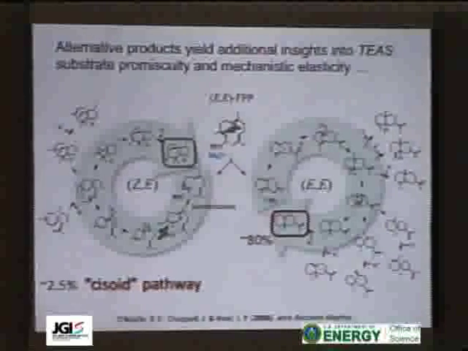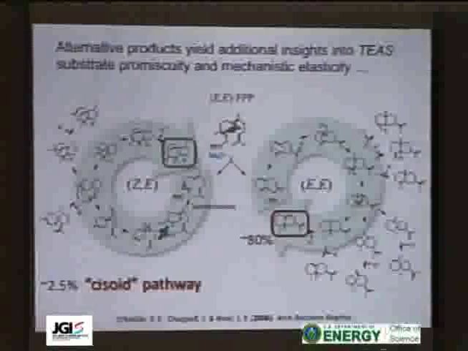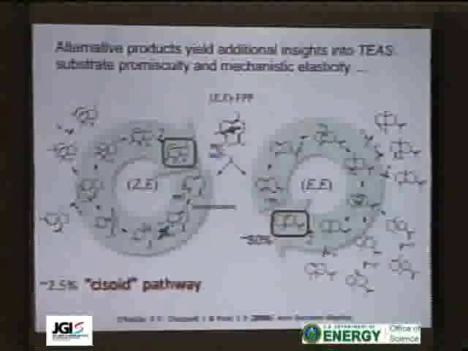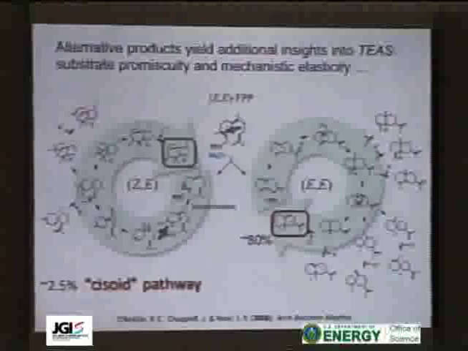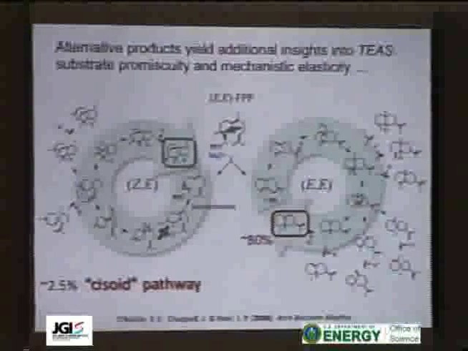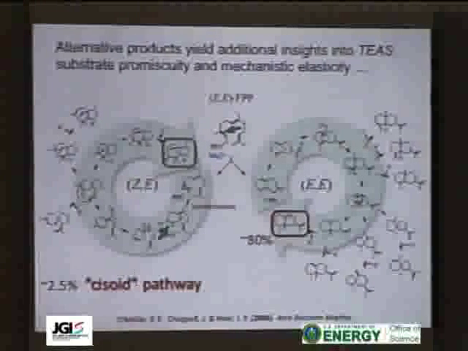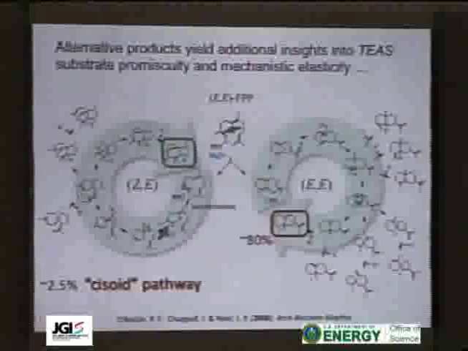There are a class of terpene synthases, one of which that Jay studies, a morphodiene synthase involved in artemisinin biosynthesis, that, once they ionize this particular carbocation, can allow for an isomerization around this double bond into a cis pathway to produce a large amount of cisoid-derived products.